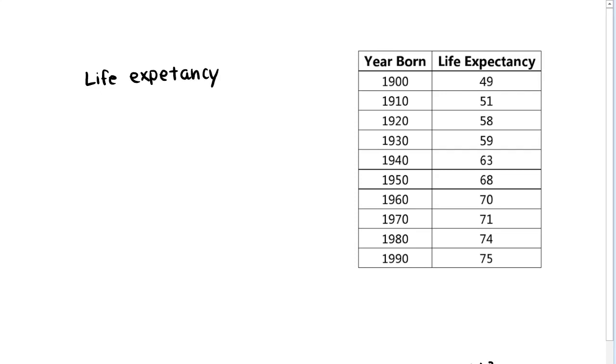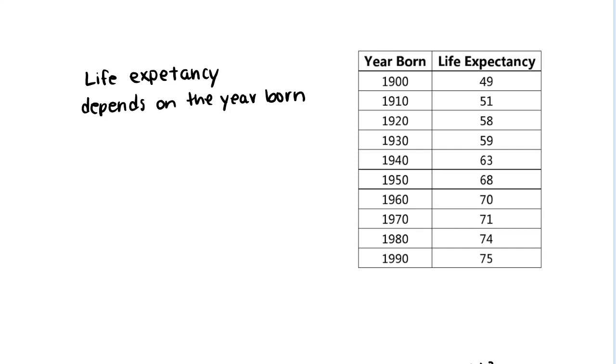And so life expectancy depends on the year in which that particular person was born. In other words, life expectancy varies from year to year. We can think of it as a variable. And actually, in a similar sense, the year in which a person is born varies as well from person to person. I can think of both of these quantities as variables.